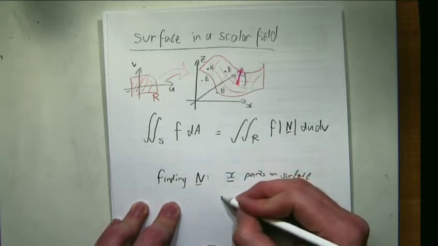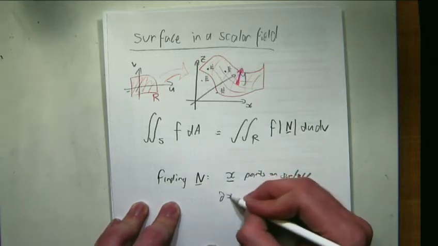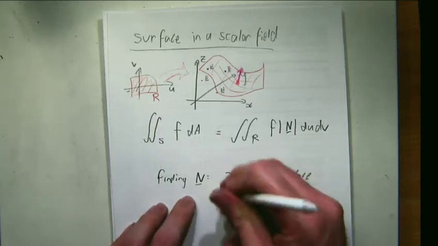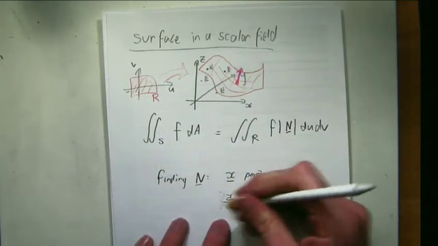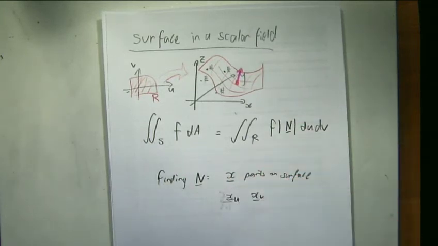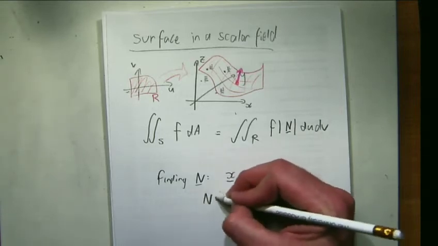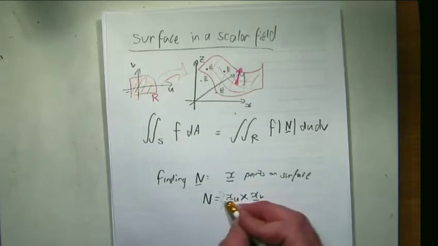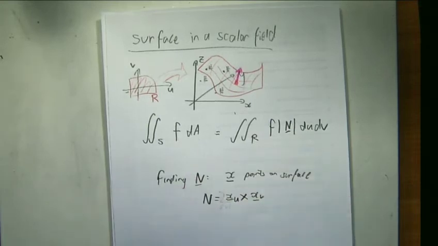You take dx on du, that's a vector, which he calls x sub u, so you differentiate with respect to u, and you get x sub v as well, and then you cross product them, and that is your normal vector. So that's if you've got it as a parameterized thing.